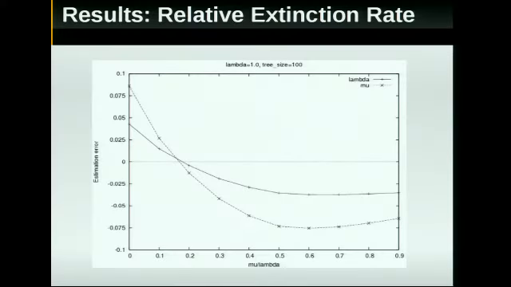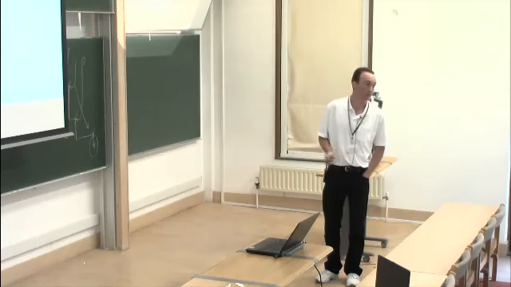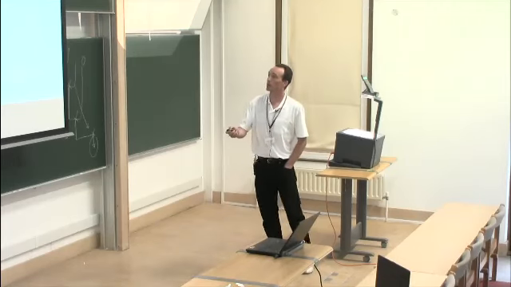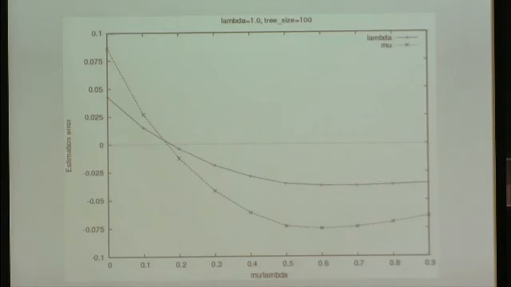The other interesting thing is that the estimation results also depend on the relative extinction rate, so mu divided by lambda. Here, for a lambda value of 1.0 and a tree size of 100 leaves, I used 10 different values for mu, 10%, 20%, 30%, etc., and did the same thing. The solid line is the estimates for lambda, and the dotted line is the estimates for mu.